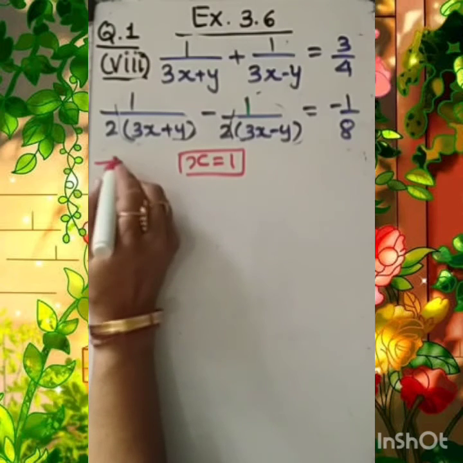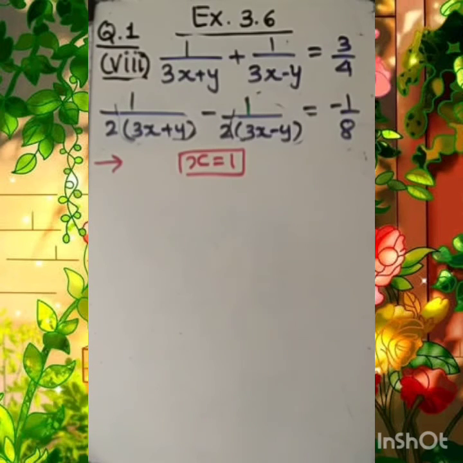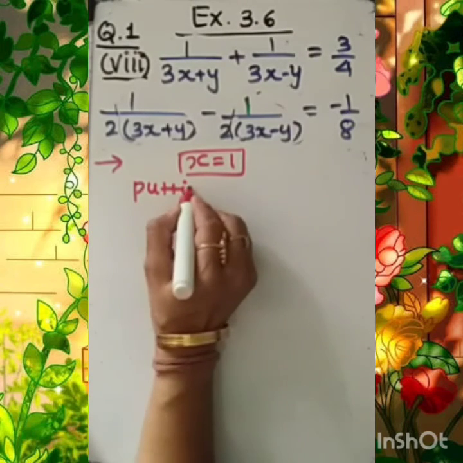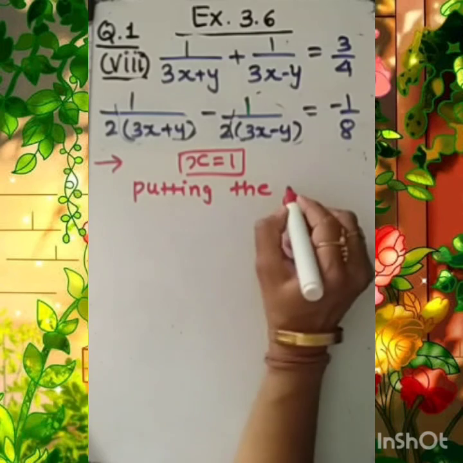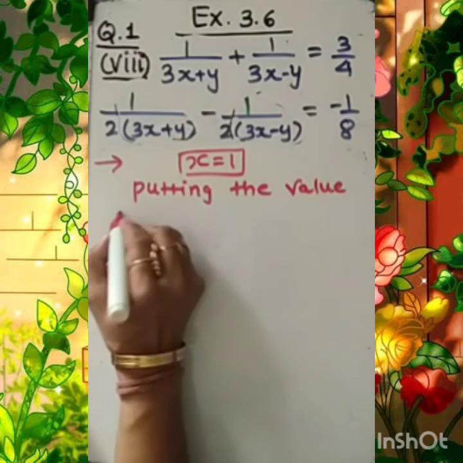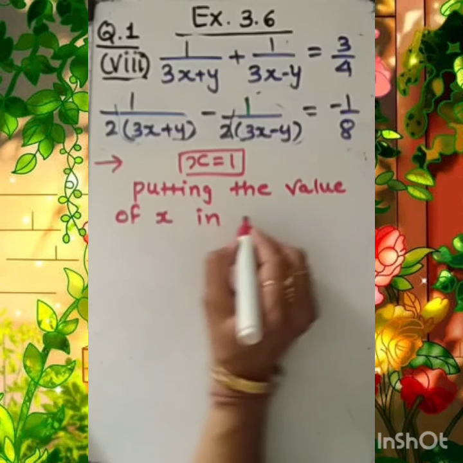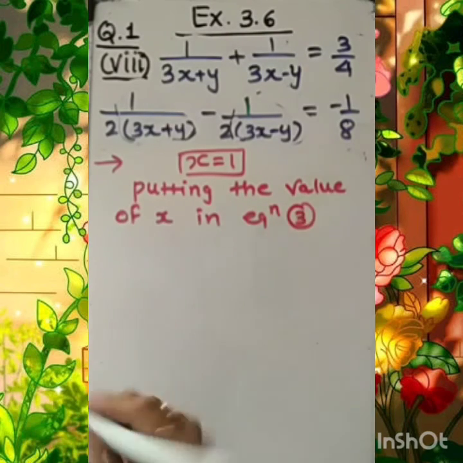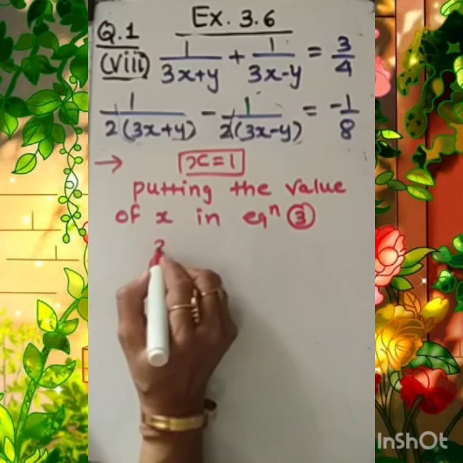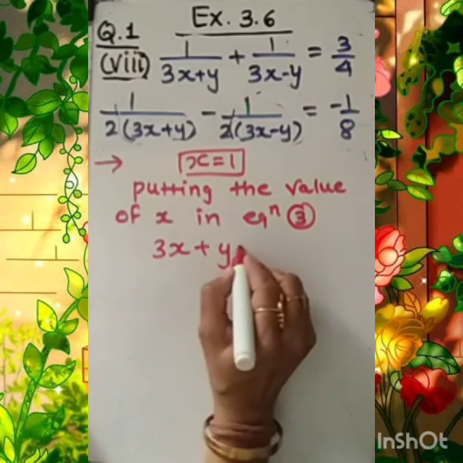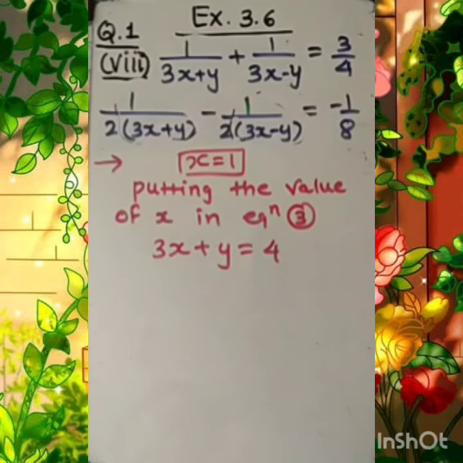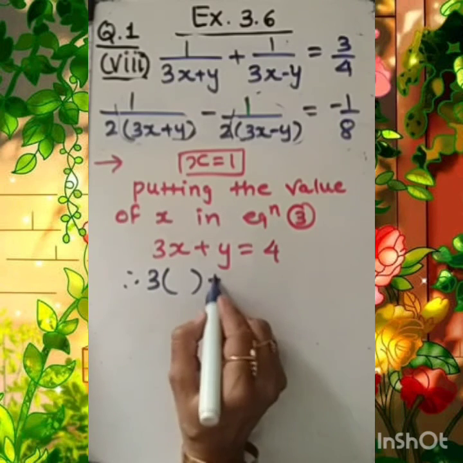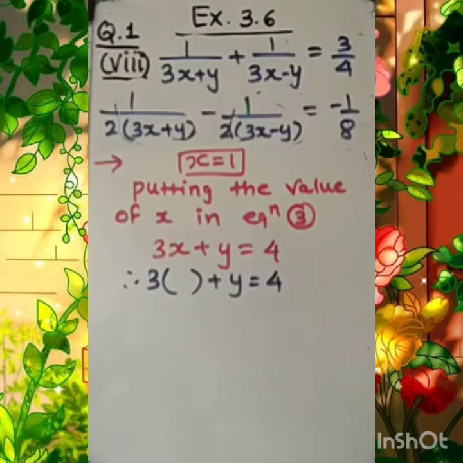As we already got the value of x, that is equal to 1, fine. Now what I am going to do is put the value of x in equation number 3. What was our equation number 3? 3x plus y equal to 4. In this equation, I am going to put the value of x, that is 1.